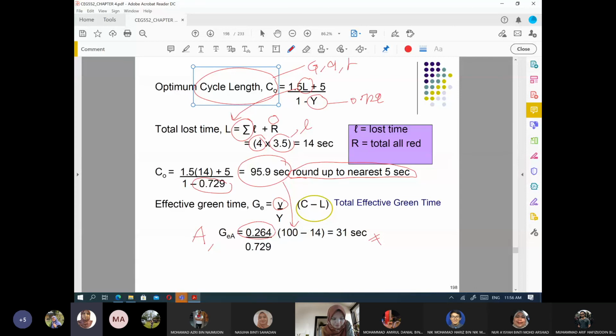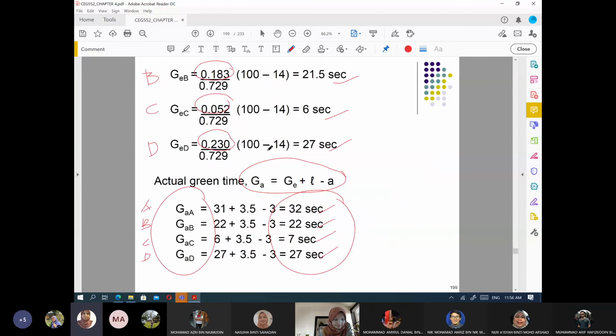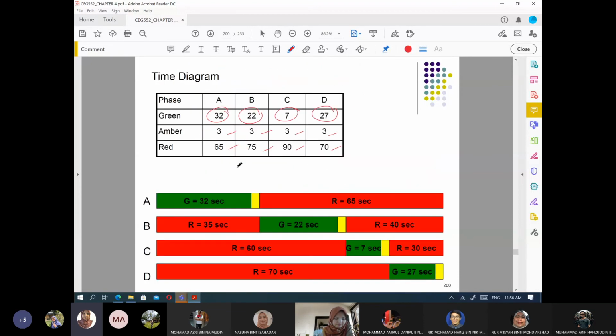Green, amber and red. Kita tahu green, amber and red ni berapa tadi? Kita ambil dia sebagai 100 sebab kita dah round nearest to 5 second. Kita dah tahu dia 100. So, tak payah susah. Kita ambil lah ni. 100 tolak 32 campur 3 tolak 35.